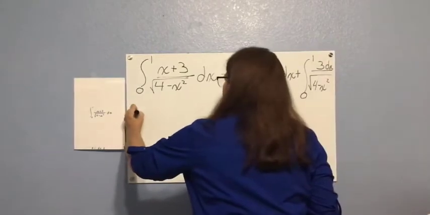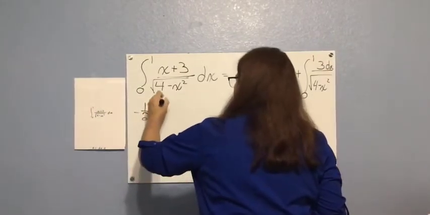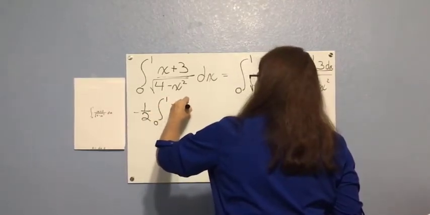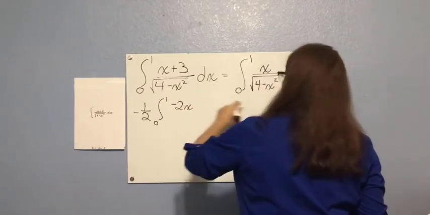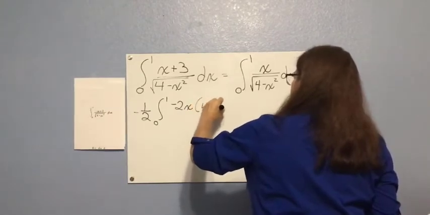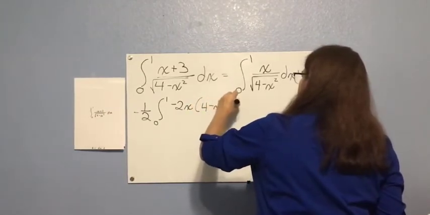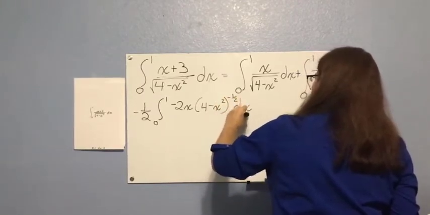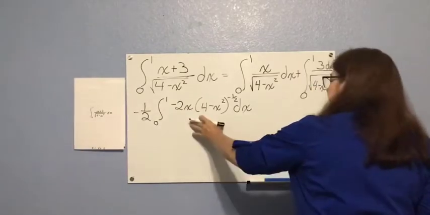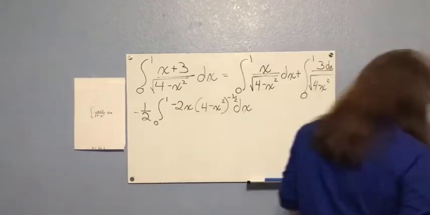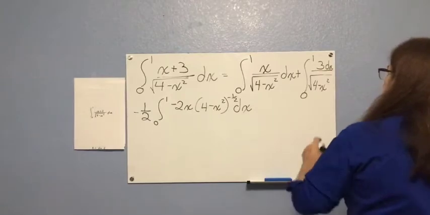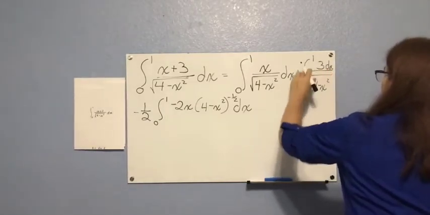So I'm going to put a negative 1/2 on the outside of the integral, which allows me to put negative 2x on the inside, and then I'm going to rewrite this with a rational exponent of negative 1/2 dx. When I integrate this part, now I'm going to take a look at this part. I've got that 3 on the top by itself, so I can just bring that out.